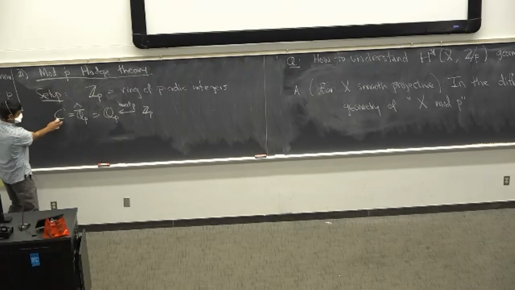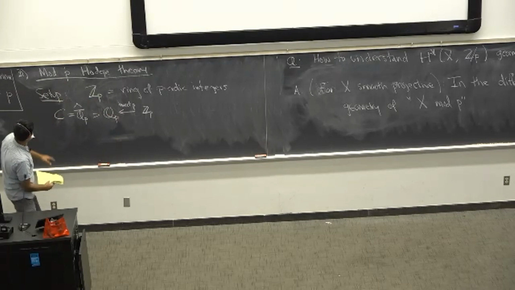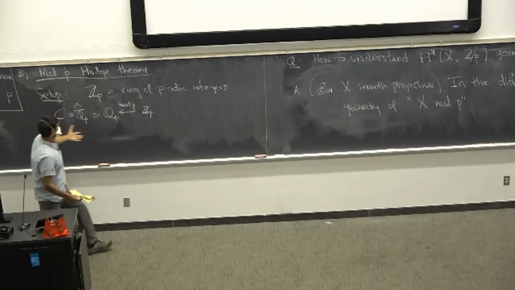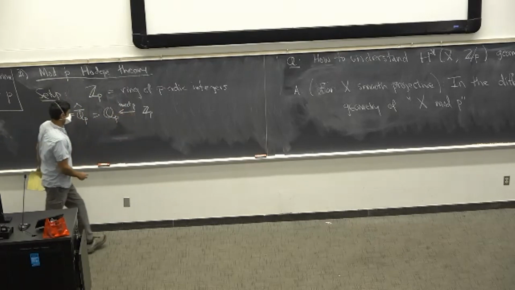So this is the characteristic 0 object that we're going to be interested in. This is a field, and as an abstract field, it's isomorphic to the complex numbers. So it's really just another name for the usual complex numbers, but now obtained through this P-adic procedure.